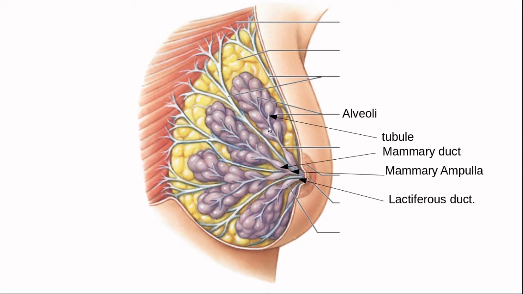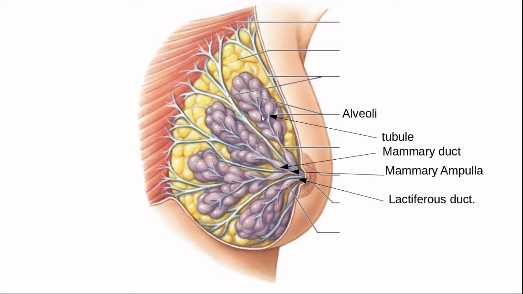Now from each alveolus, you can see these are tiny alveoli, and from each alveolus arises a small tube, a very minute tubular structure, and that is called the mammary tubule. You got it? There are a lot of mammary tubules that come out from the alveoli.